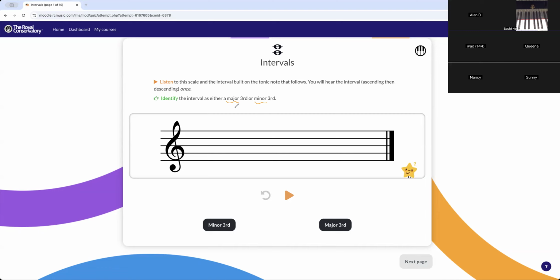The major sound is very bright, and the minor is very dark. So listen to this one carefully and think about whether it's a very bright sound or a very dark sound. Let's listen to it and give me a thumbs up if you can hear this one clearly.